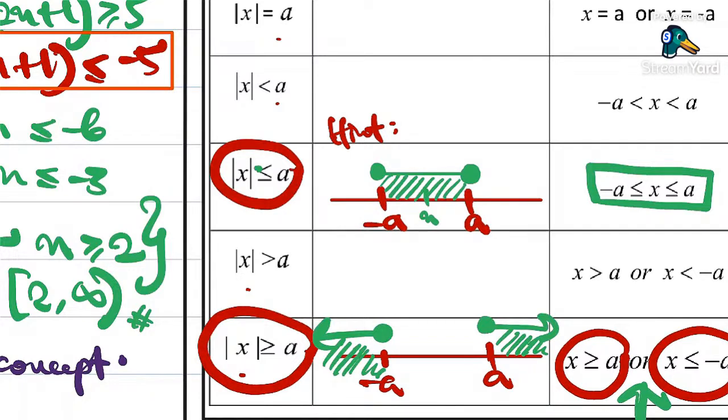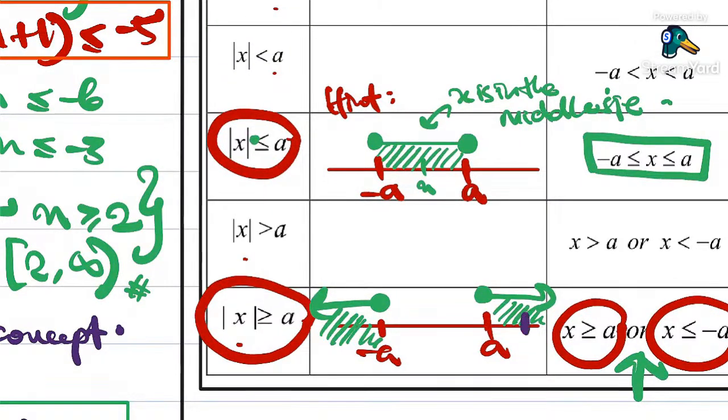For the one that points to the left, x is only in the middle. While here, x is where? x is scattered around. x is either on the right or on the left. That's why we call it "or".